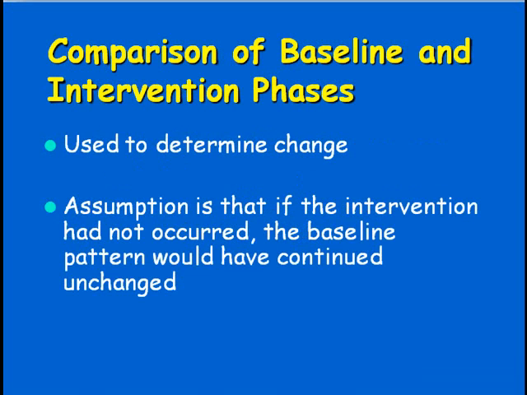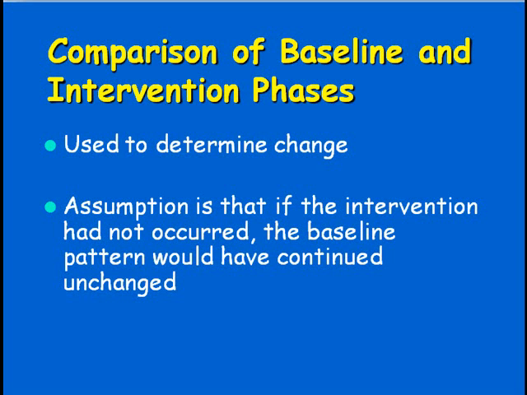Comparison of baseline intervention phases. This is what's used in order to determine change. You compare the baseline data with the intervention data. And on page 295 we looked at that example.